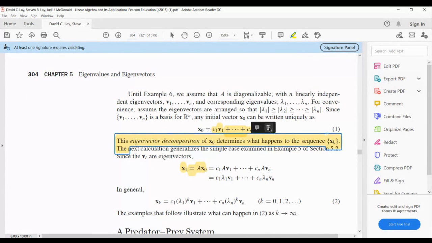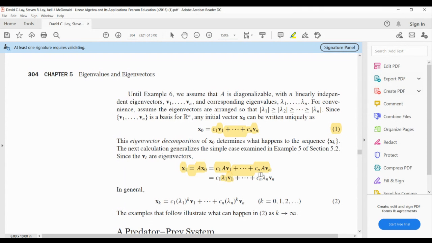We would multiply the matrix A times the linear combination of eigenvectors you see here in equation 1. If you do that, you will get this result: c1 A v1 plus c2 A v2 plus all the way up to cn A vn. But remember, v1 is an eigenvector, and A times v1 would equal lambda 1 times v1.